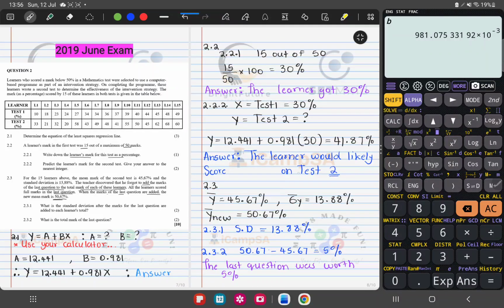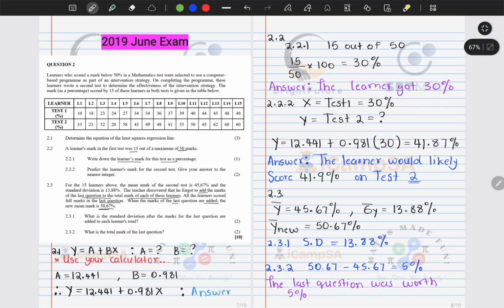So we can say this person is more likely to score about 41.9%, rounded off to 1 decimal place. I hope that this does make sense to you guys, and you genuinely understand what we are doing here. You can round your percentages to 1 decimal point, that's okay.